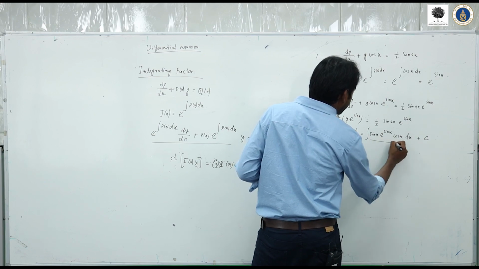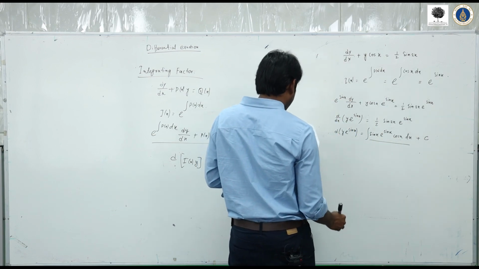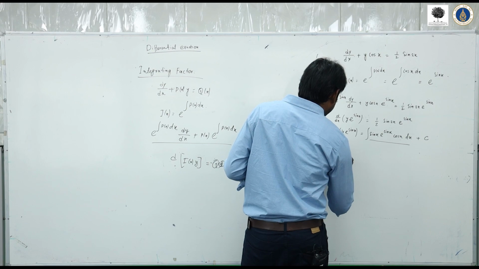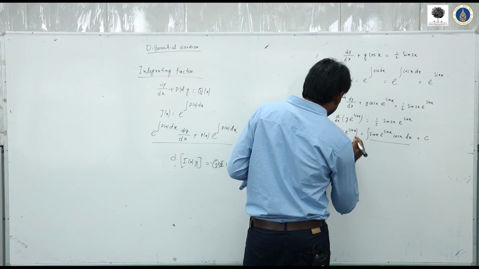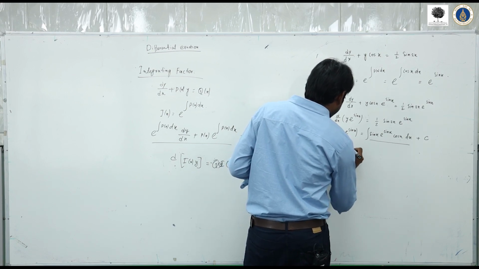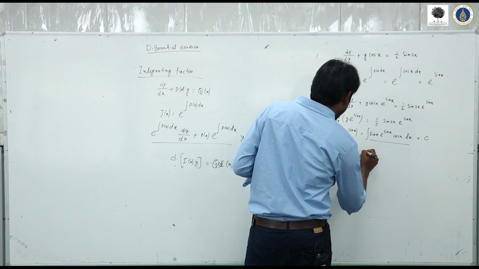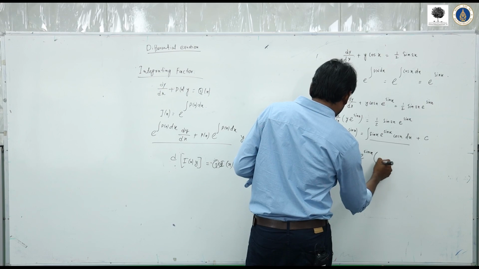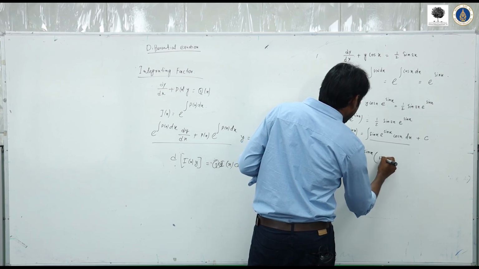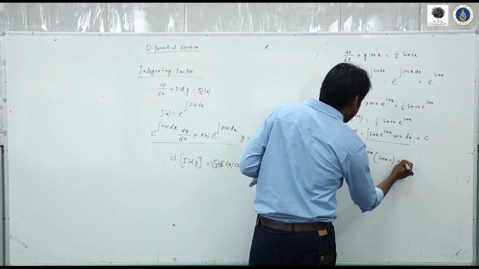This is a very standard integration to solve, and if you solve it, you will find the form of the solution is e to the power sine x into sine x minus 1 plus c.